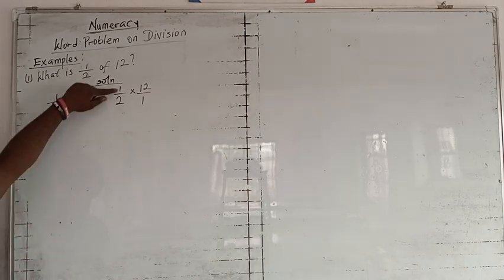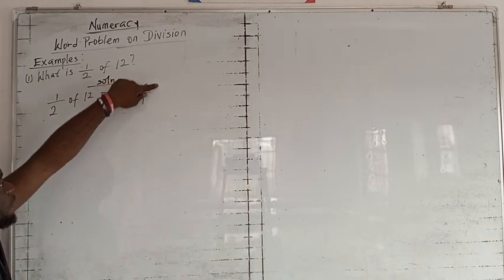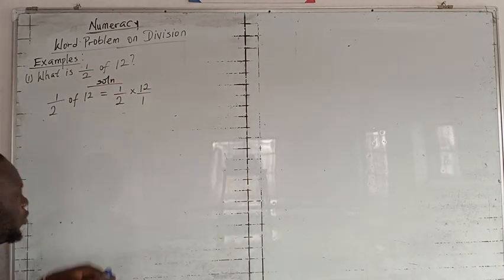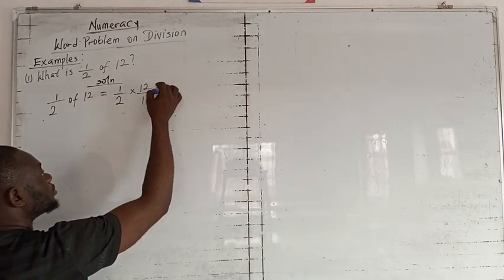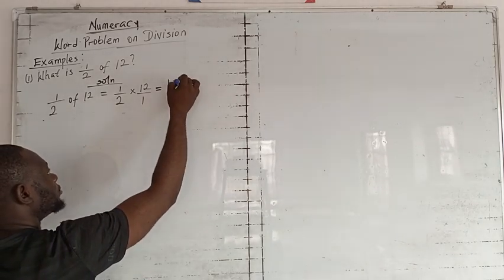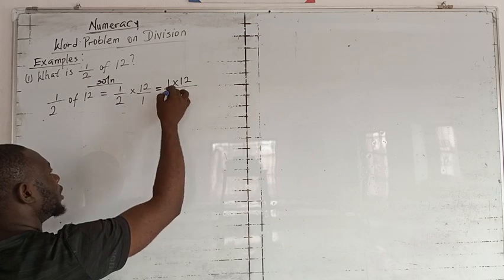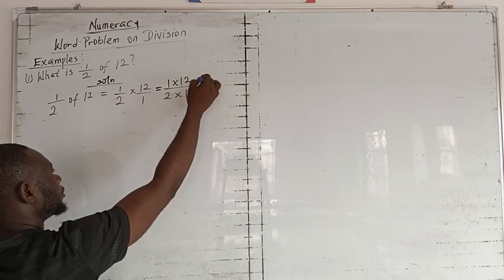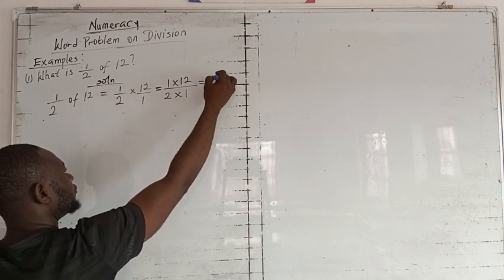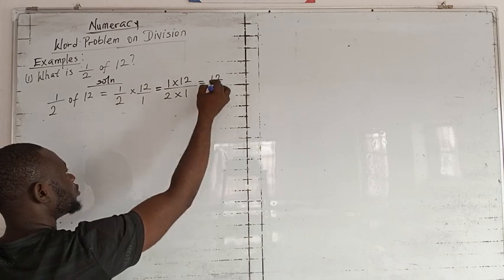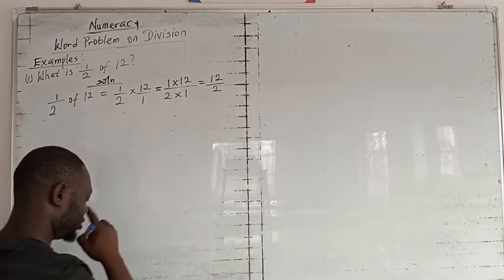Now, what do we do here? We use 1 and multiply 12, and use 2 and multiply 1. So this becomes 1 times 12 over 2 times 1. 1 times 12 is 12. 2 times 1 is 2.